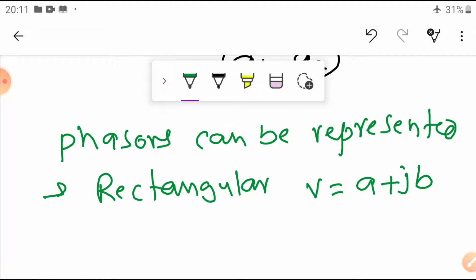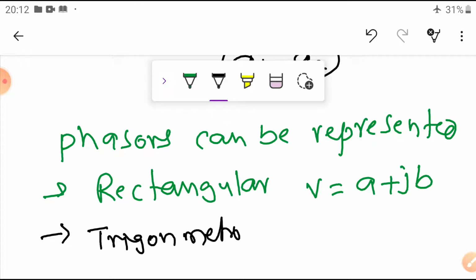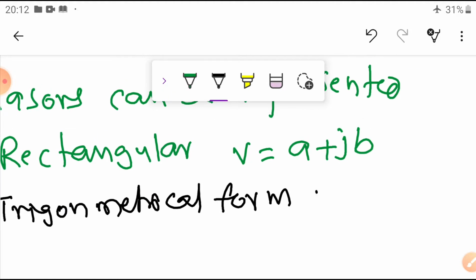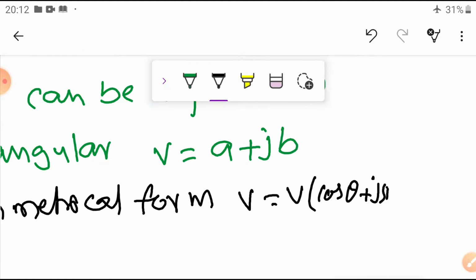Next, another form is the trigonometrical form. In this form, cos and sin come into the picture. So, V is equal to V into (cos theta plus j sin theta).